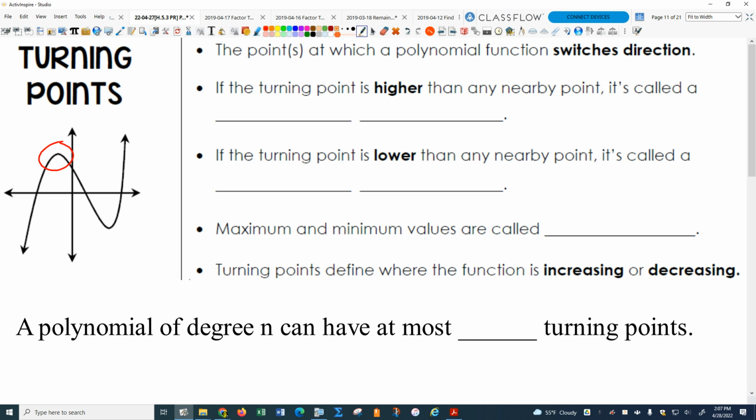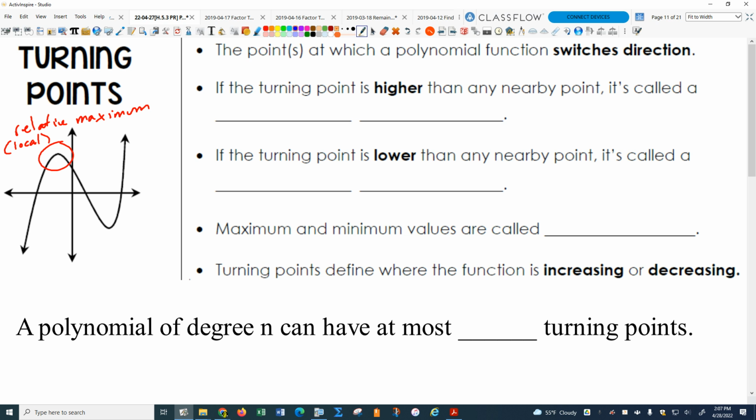So we call that a turning point, or we call it a relative maximum. Relative meaning relative to the x values around the ant, it's the highest place. Sometimes instead of relative, we call it a local maximum, because locally speaking, it's the highest point.